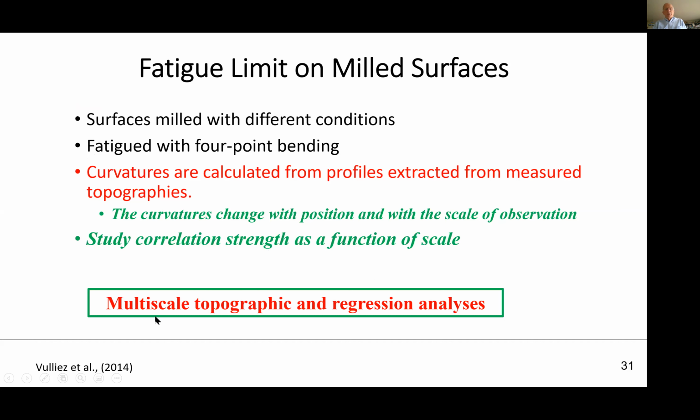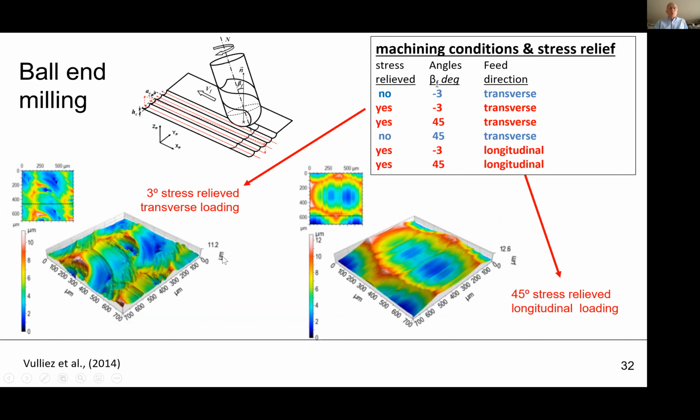So this is multi-scale, topographic, and regression analyses that we're going to see. This, I think, is an important work because it shows the importance of some details. So anyway, there were 7 or 6 different surfaces. They were ball milled in different ways, not all of them different, because some were stress relieved and some were left as measured.